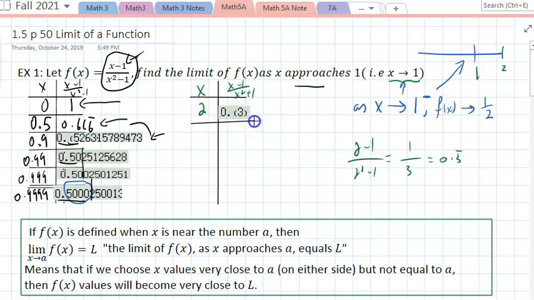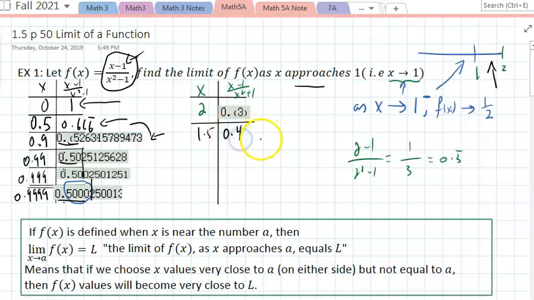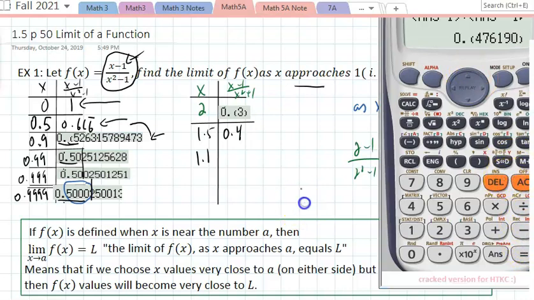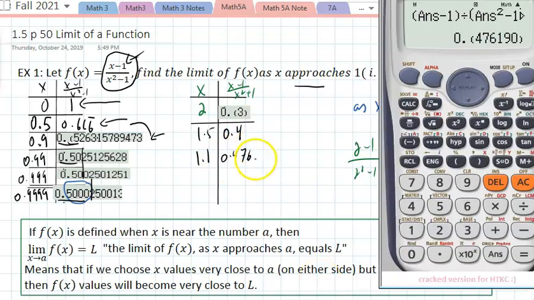But 2 is very far from 1. How about 1.5? Well, if I plug in 1.5 and evaluate it, I'm getting 0.4. Well, that's pretty good. What if I plug in 1.1? .476190.